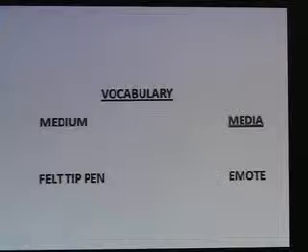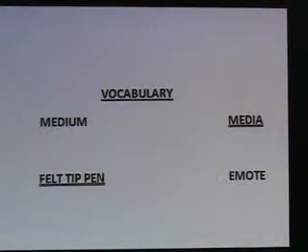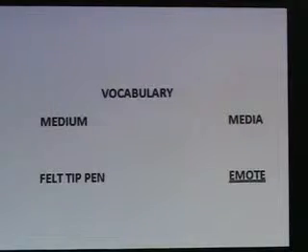So instead of saying mediums, we say media. A felt tip pen is a pen that's like a marker. Emote. To emote is to show emotion. Happy, sad, angry.